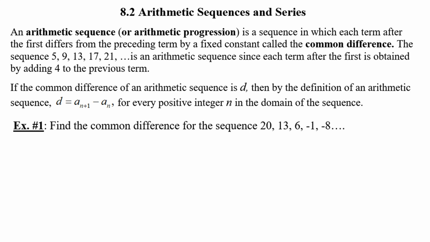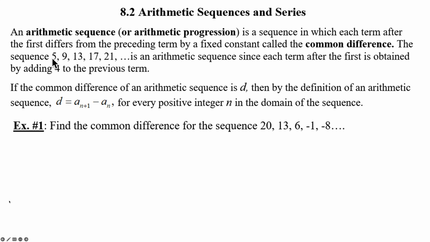The sequence 5, 9, 13, 17, 21 is an arithmetic sequence since each term after the first is obtained by adding a 4 to the previous term. That common difference of an arithmetic sequence is D. So again, above D, if you want to put M for slope, then by the definition of the arithmetic sequence, D is equal to any two consecutive terms being subtracted, where you take the larger term in terms of its position minus the one before it.